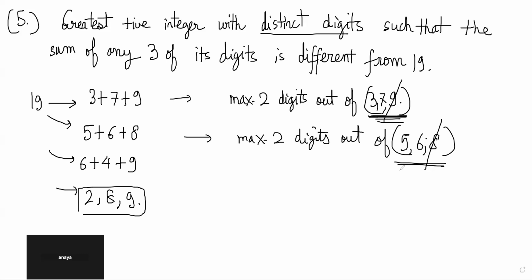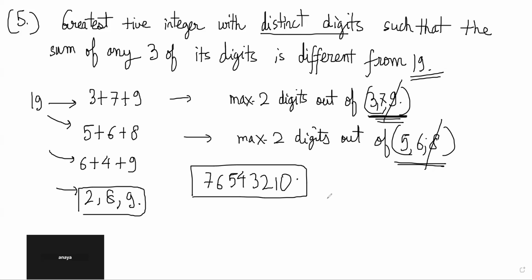It is 18. There's no need to worry about anything now. You will get the number 76543210. This is the biggest possible such number. And there is no issue of any 3 digits adding up to 19 here, right? Yes.